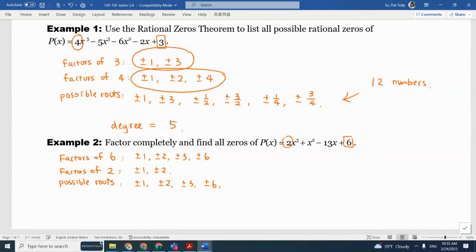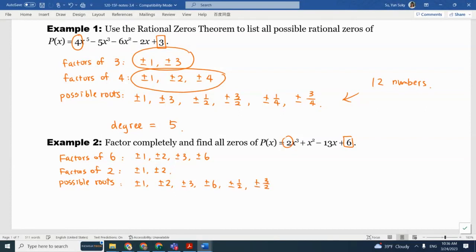Yes. And then plus or minus 1 over plus or minus 2? Yeah. And then plus or minus 2 over plus or minus 2? Which we already have, so we don't need to write it down again. Okay, everybody? And then plus or minus 3 over plus or minus 2?